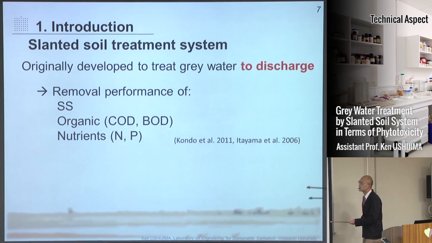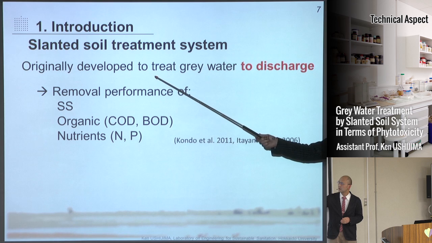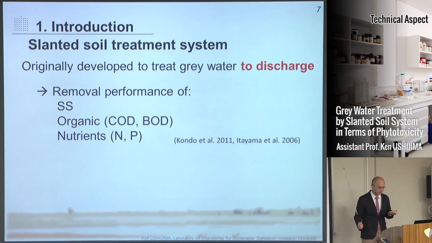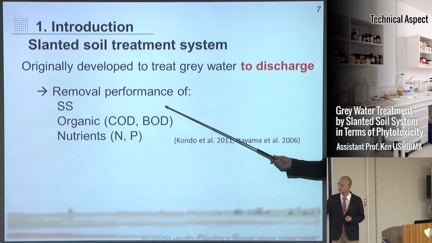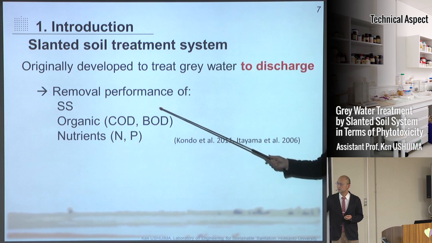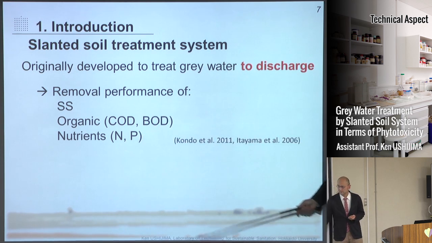But one problem is that the slanted soil system was originally developed to treat gray water for discharge into the natural environment. So the focus was the removal performance of suspended solids, organic matter, and nutrients.